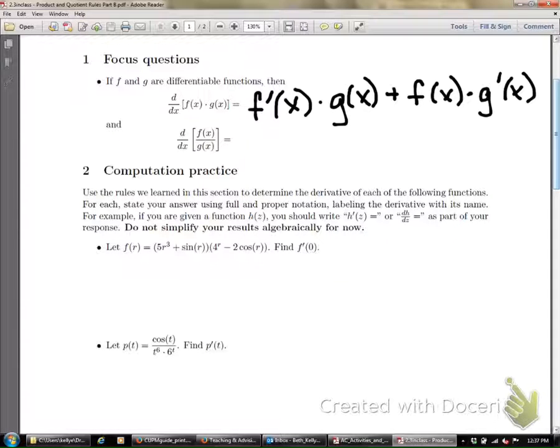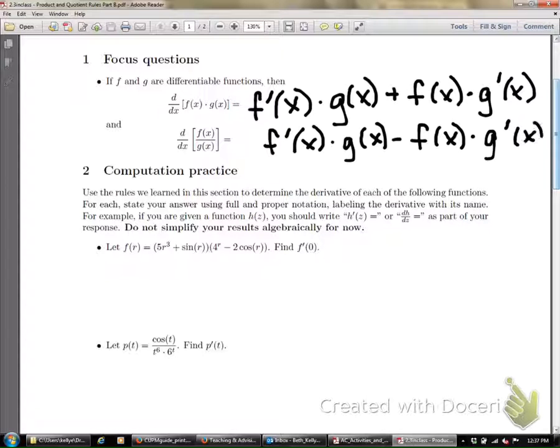And also the derivative of a quotient, f of x divided by g of x, is f prime of x times g of x minus f of x times g prime of x, all divided by g of x squared. So those are our two rules. So let's see them in action.